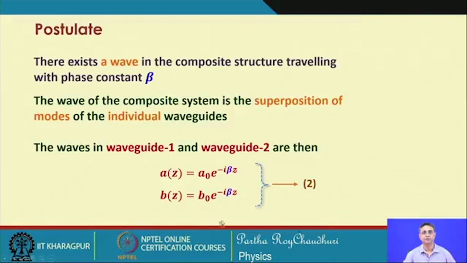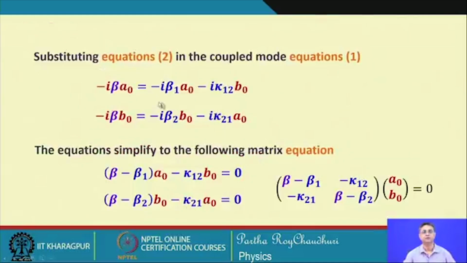So, if I now substitute this assumption that there is a wave of the total system back into the coupled mode equation, then we can write the coupled mode equations in this form. From the coupled mode equation, del A del z will give you i beta, and this was already i beta 1.